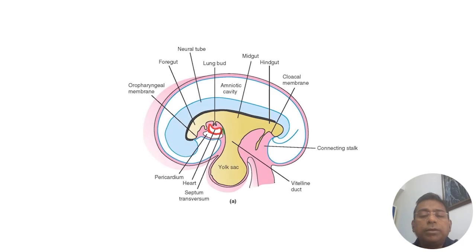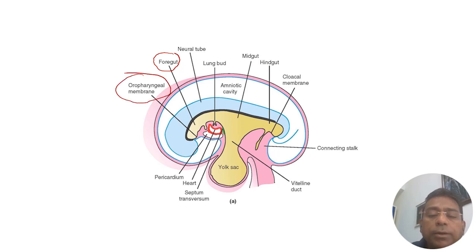Let us see this three-dimensional figure showing the embryo after the folding of the germ disk has taken place. So let us try to see the structures here. That's the foregut at the cranial end. That's the oropharyngeal membrane at the cranial end. That's the hindgut in the caudal part, and that's the cloacal membrane in the caudal end.